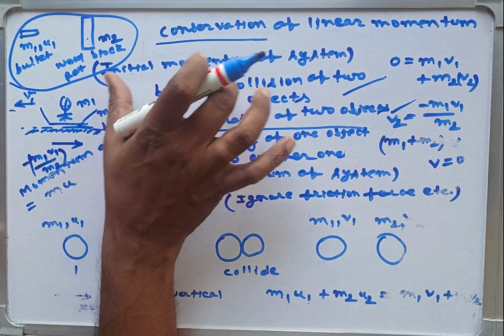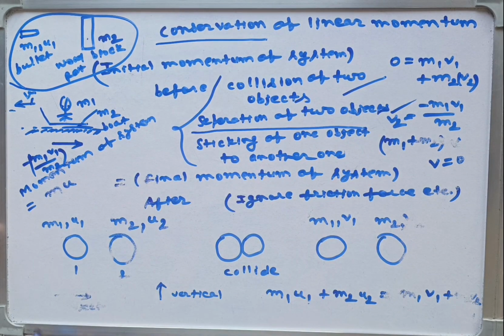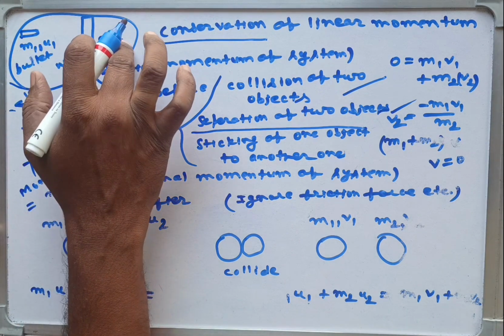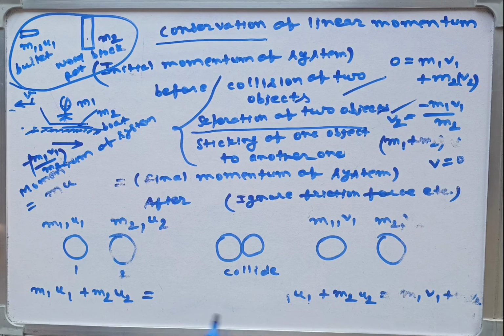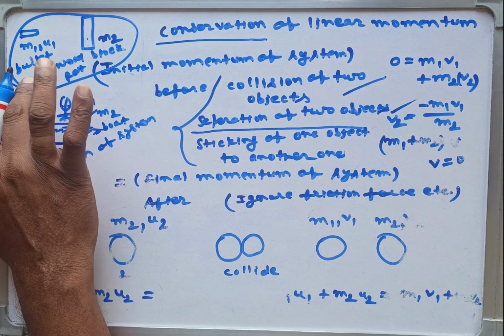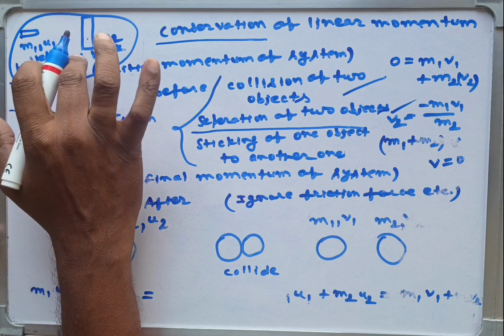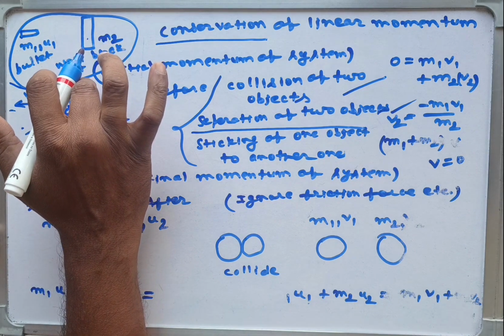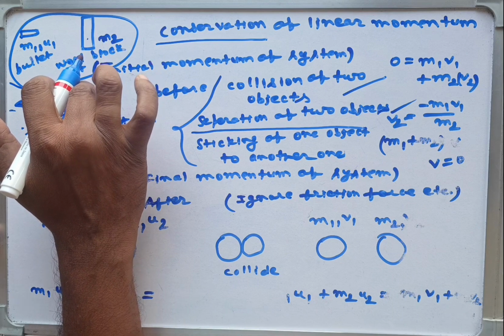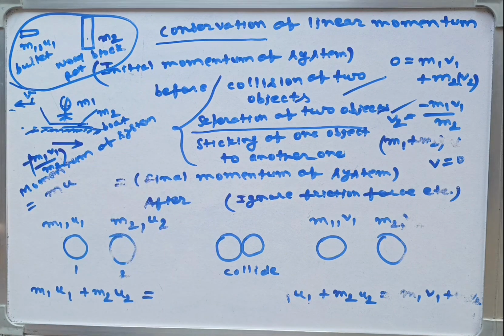Apply the initial momentum of the system. Initially we write m1 u1 plus m2 u2, where u2 is the velocity of the block. Now the bullet and block stick to each other, because the bullet does not come out of the block after striking, that is, penetration.